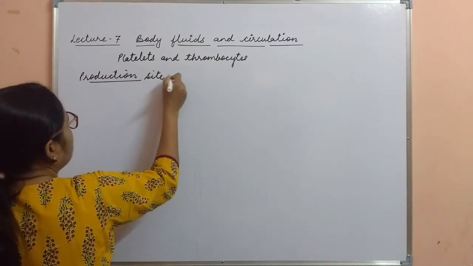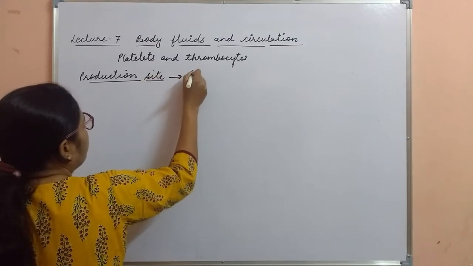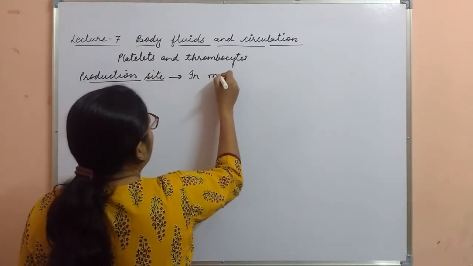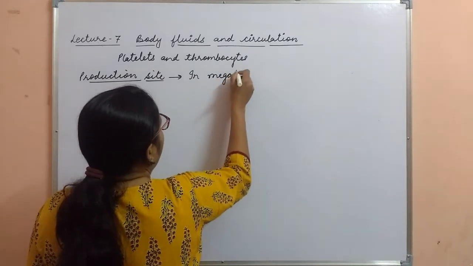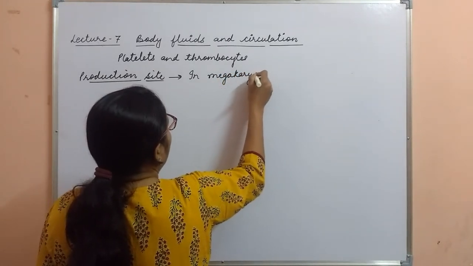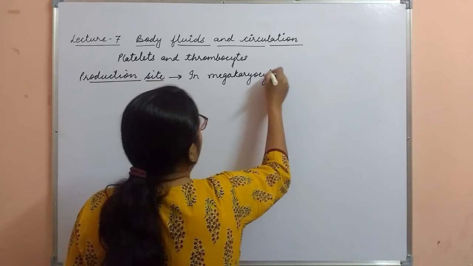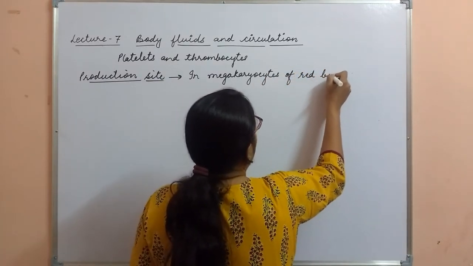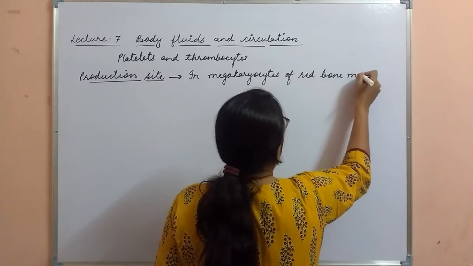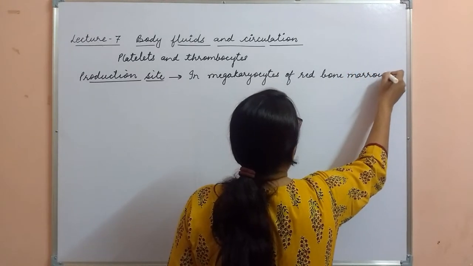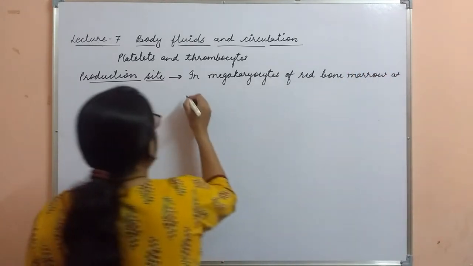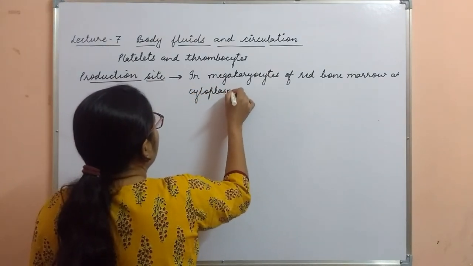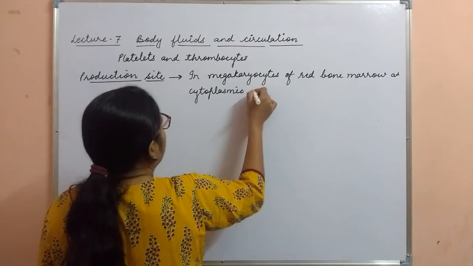These are produced in the megakaryocytes of red bone marrow as cytoplasmic fragments.